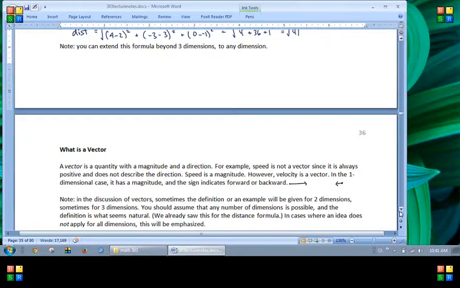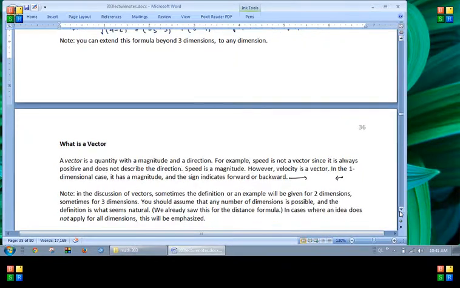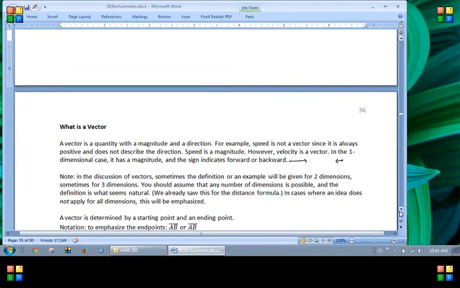Okay. So now let's talk about vectors. A vector is determined by a starting point and an ending point. That's one way to determine it. So what's the notation for a vector? Well, if you want to emphasize the fact that you've got a start point and an end point, you want to emphasize those 2 points, you can write a vector like this.